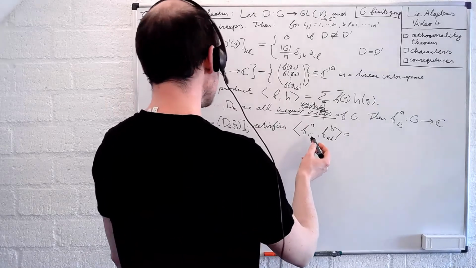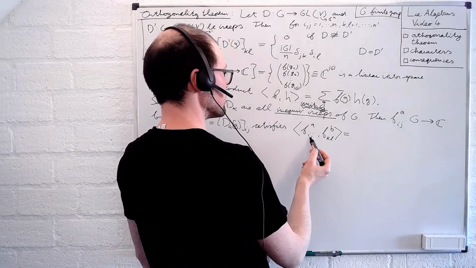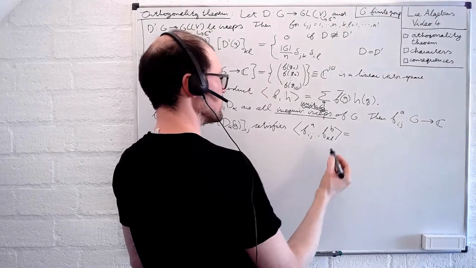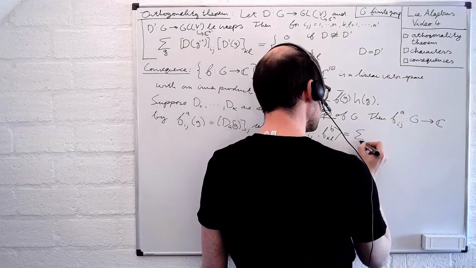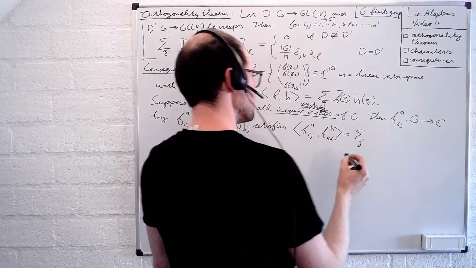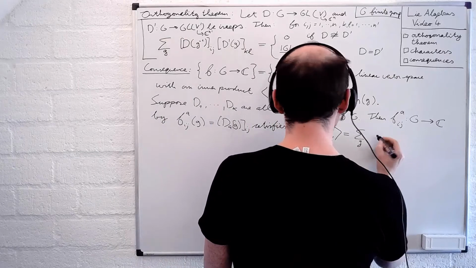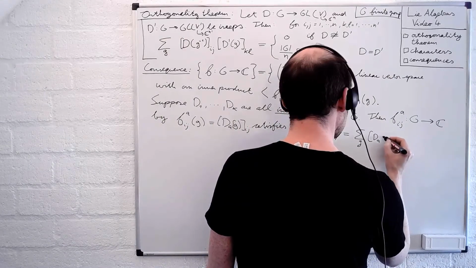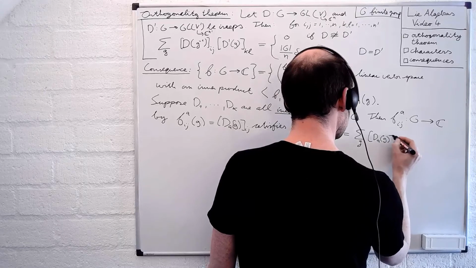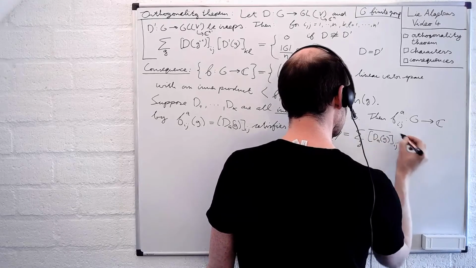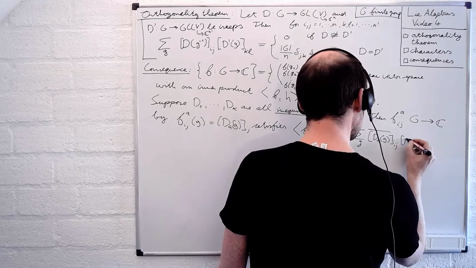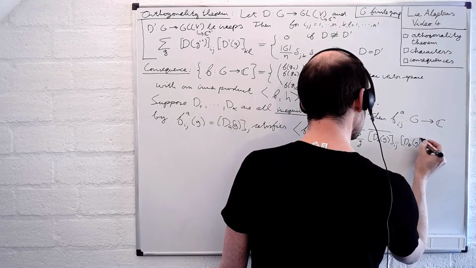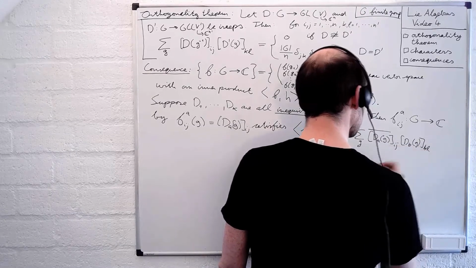So then, if I write down what this inner product of these two explicit functions is, it's a sum over g of D^a(g)_ij complex conjugate D^b(g)_kl.